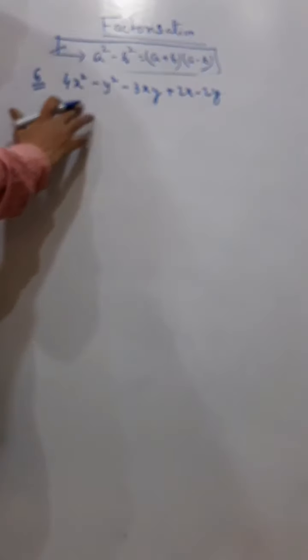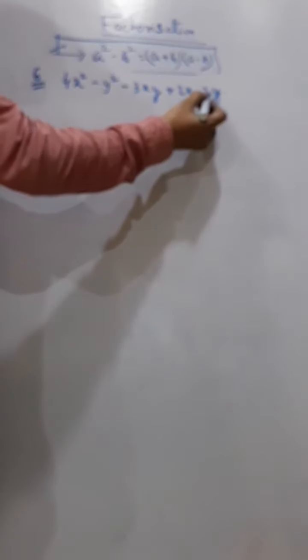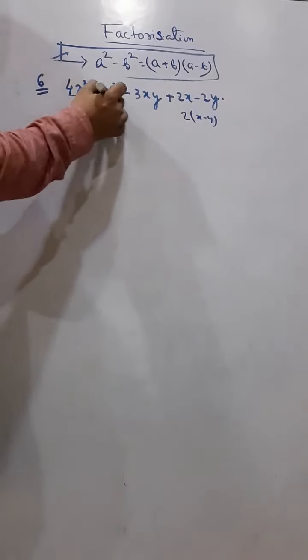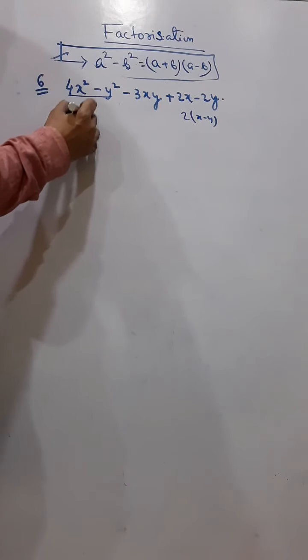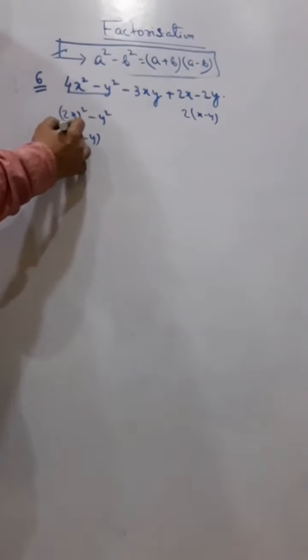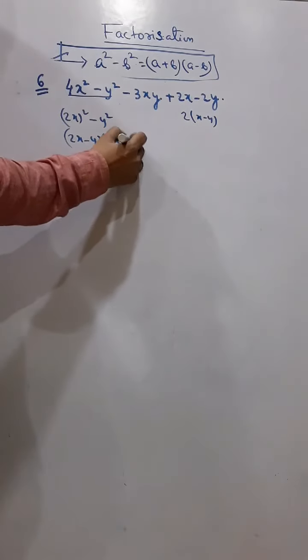But you have to understand that there are 5 parts. Now you can take 2 common here. Now if you take 2 common, you have x minus y. You can convert this one into 2x. Suppose you are thinking in this way. Now what we get here, we are getting 2x minus y and 2x plus y.